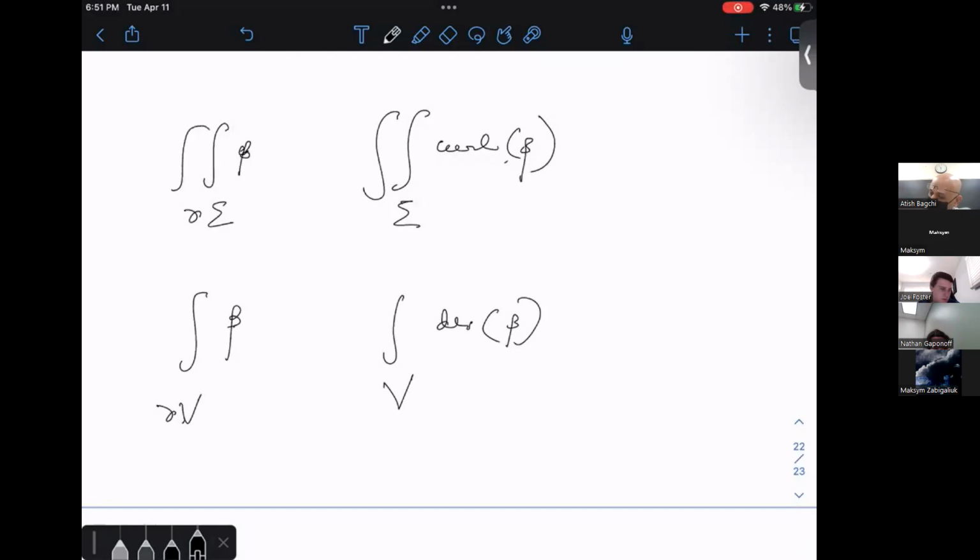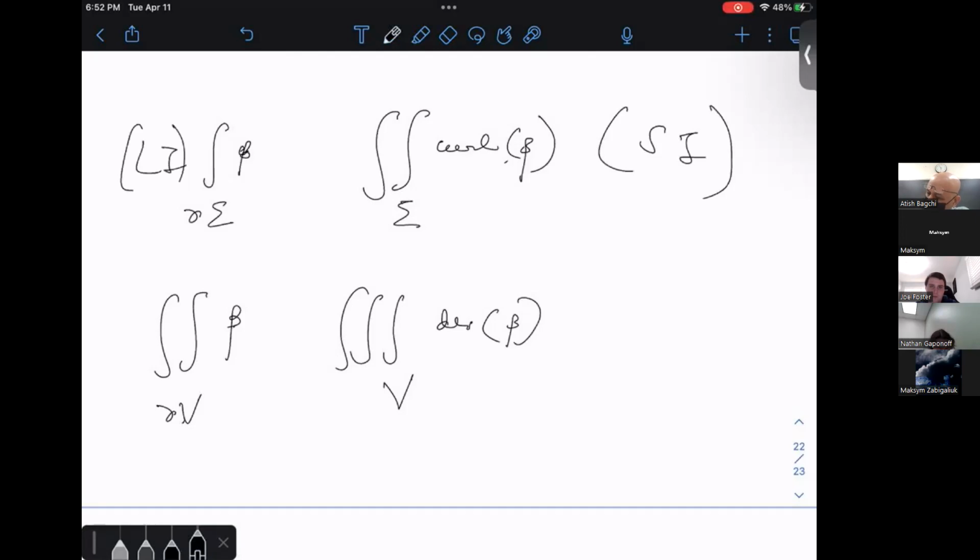So you compute it in two different ways. Oh, sorry, this is a line integral, and this is a surface integral. This is a volume integral, and this is a surface integral.